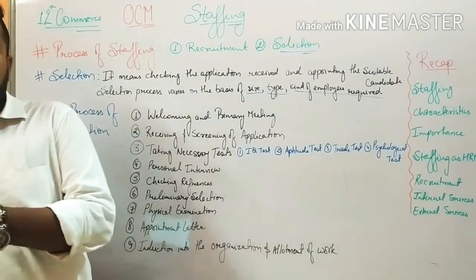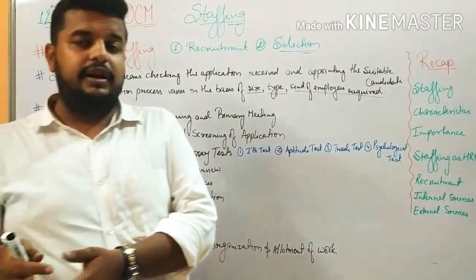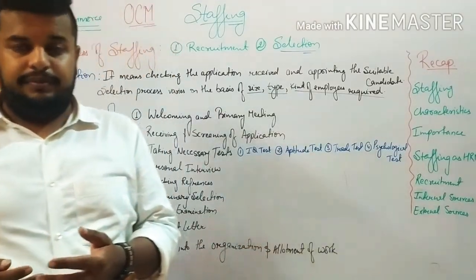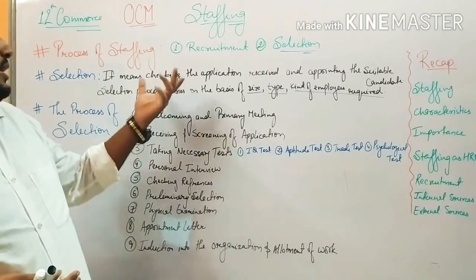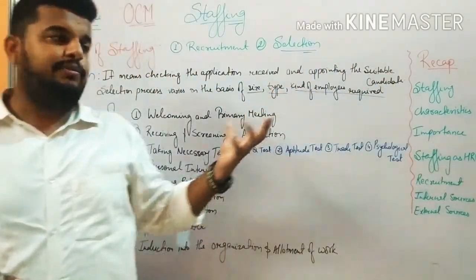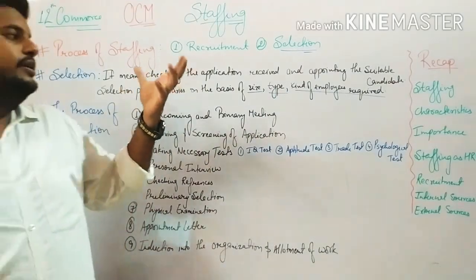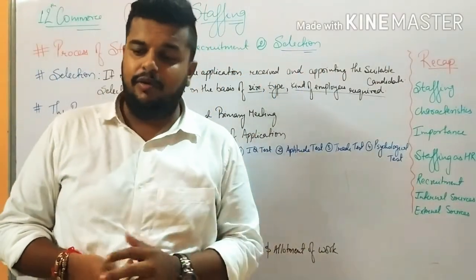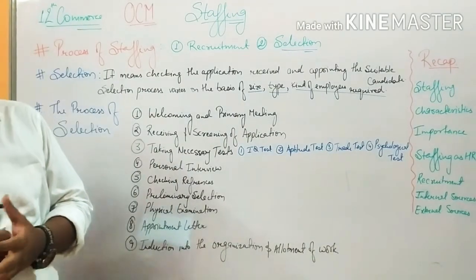But if we need an individual for bottom level of management, then it will be quicker and easier. So selection means checking the applications received and appointing suitable employees, and the selection process varies on the basis of size, type, kind of employees required, and so on.